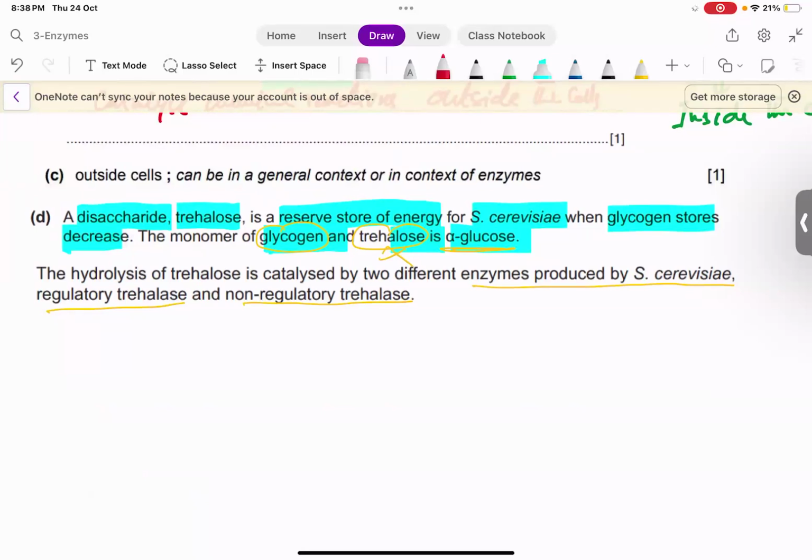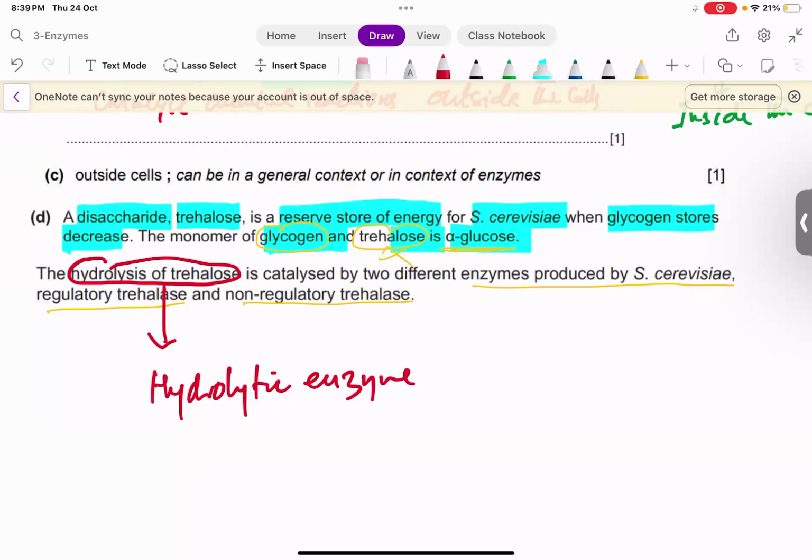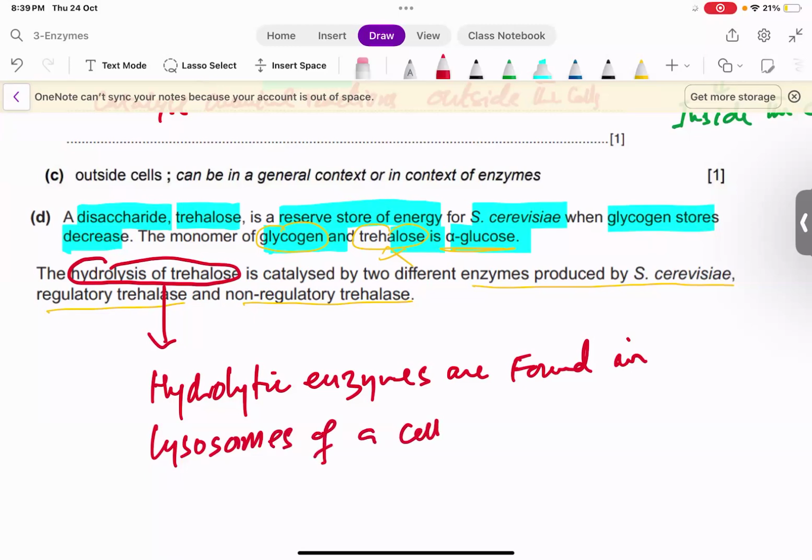This is involved in the hydrolysis of trehalose, which is catalyzed by two different enzymes. This causes hydrolysis. And you know, hydrolytic enzymes are found where? In the lysosomes of a cell.